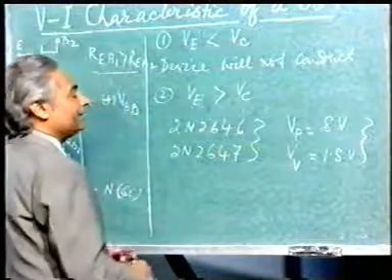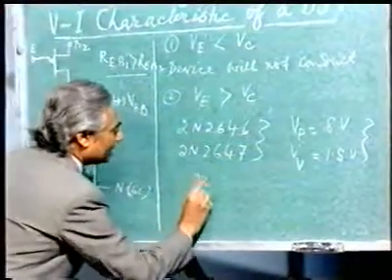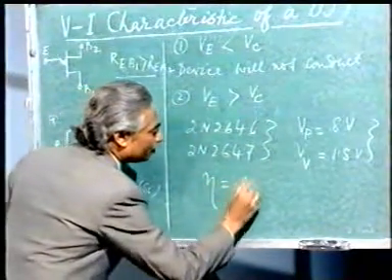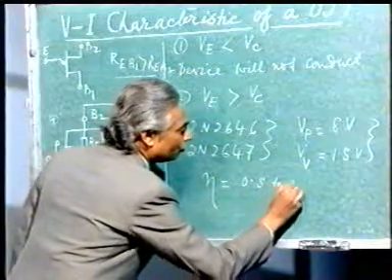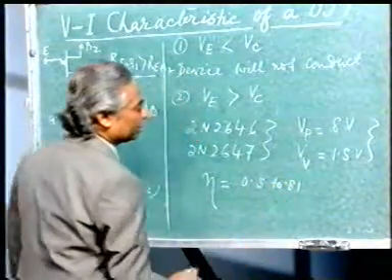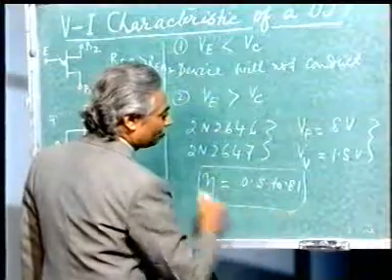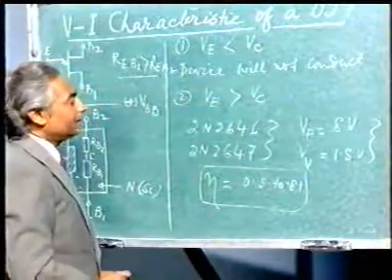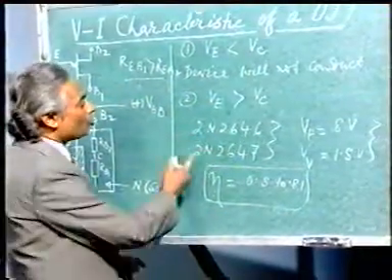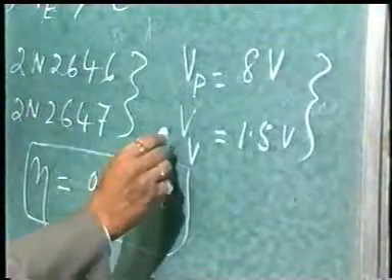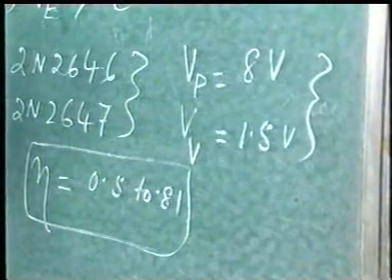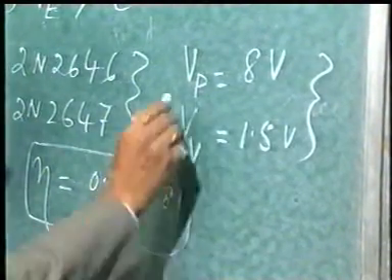For them the intrinsic standoff ratio eta is about 0.5 to 0.81. This is normally the value for this UJT, either 2N2646 or 2N2647. Valley point voltage is 1.5 volt, whereas peak point voltage is 8 volts.